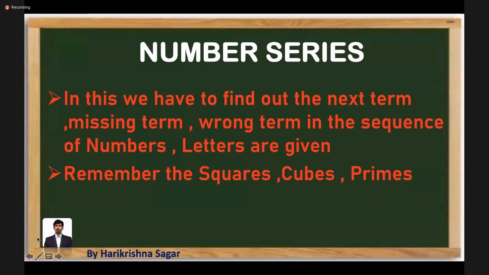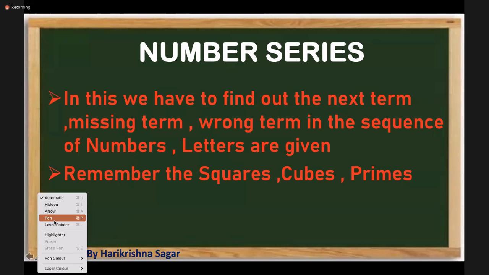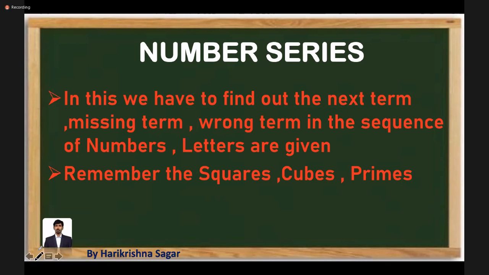One is where we have to find out the next term. Sometimes we have to find out the missing term, and sometimes we have to find out the wrong term. Finding the next term, missing term, and wrong term are the possible questions under number series and letter series.